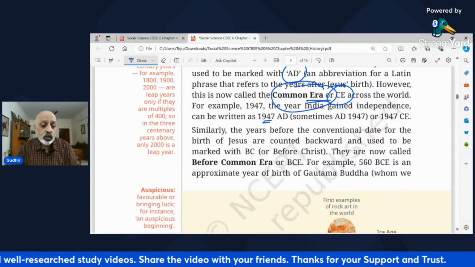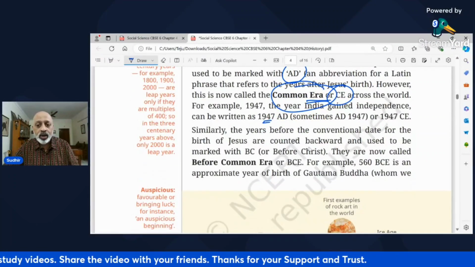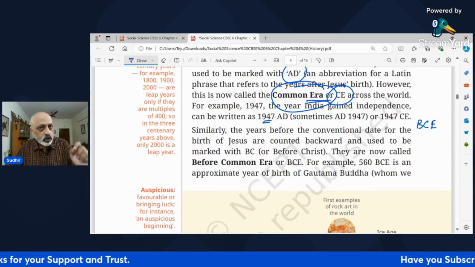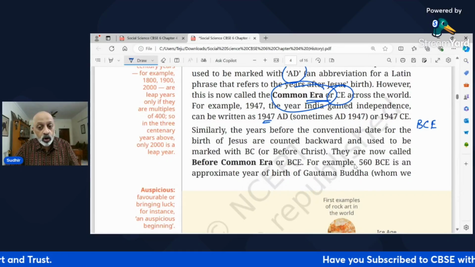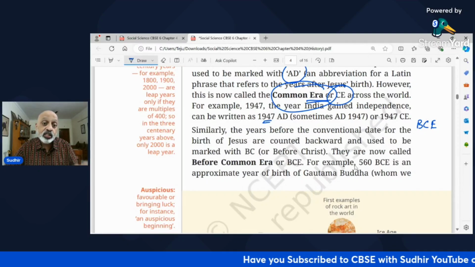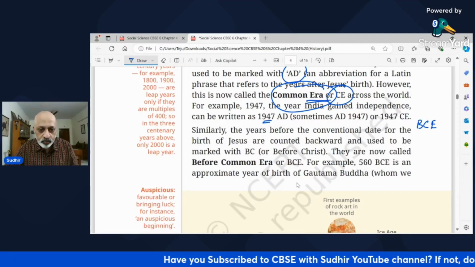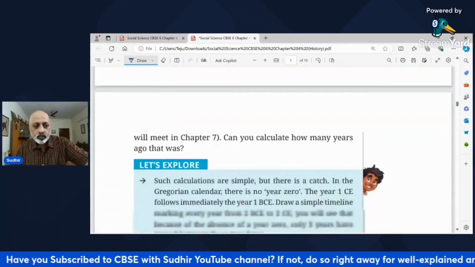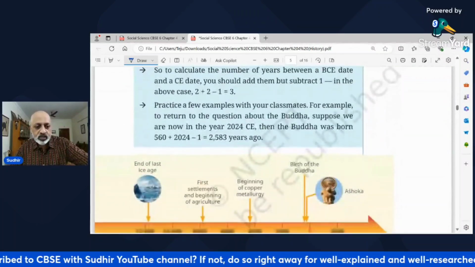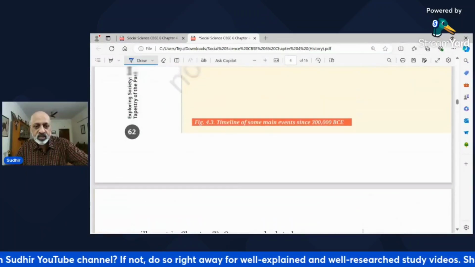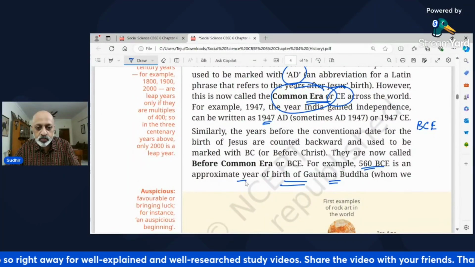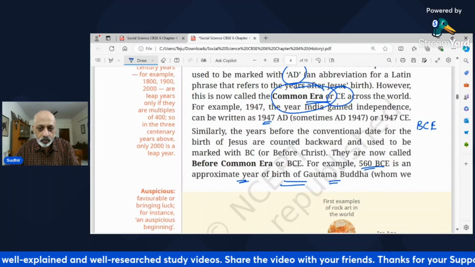The years before the birth of Christ are now known as Before Common Era or BCE. So Gautam Buddha, Lord Gautam Buddha, was born 560 years before Christ. So the approximate year of the birth of Gautam Buddha is 560 BCE.